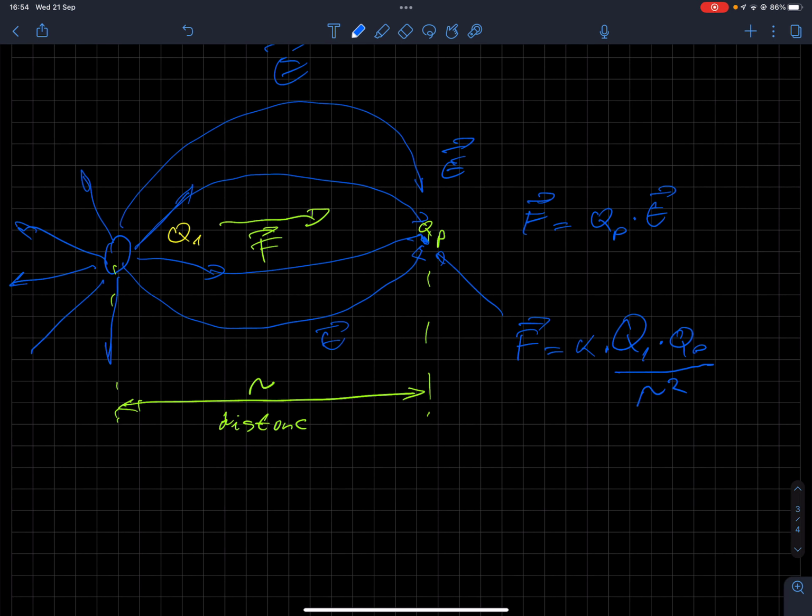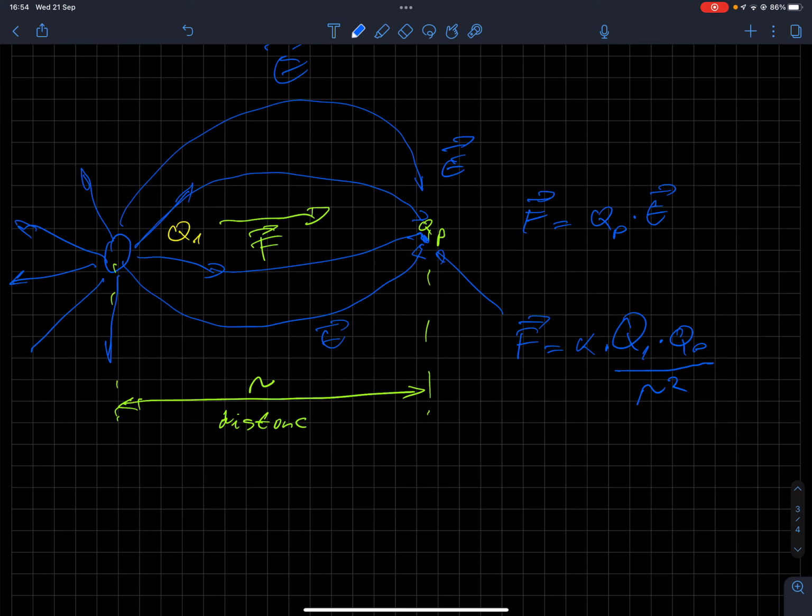And these forces are equal, right? So let's divide by this test charge QP, and what we have now is k times Q1 divided by r squared.